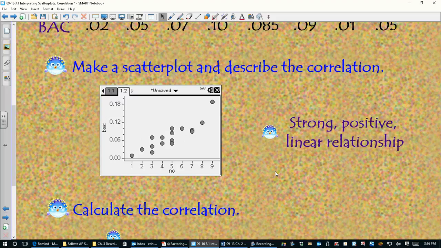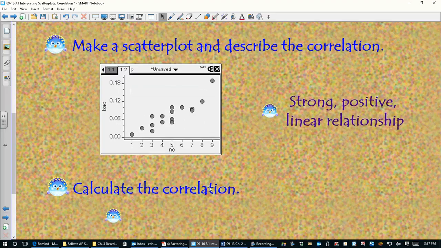Now to calculate the correlation, from those data that have been entered into our list 1 and list 2, we're going to hit our stat button, arrow to the right to calculate, and arrow down so that we select LinReg a plus bx. I think it's selection number 8.